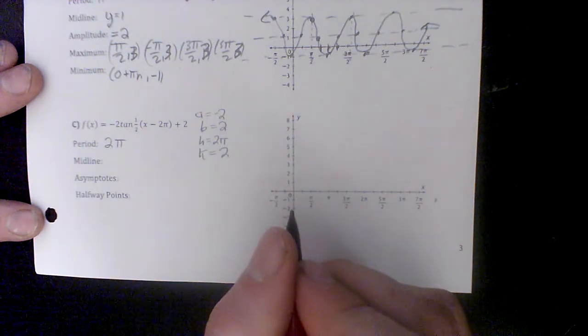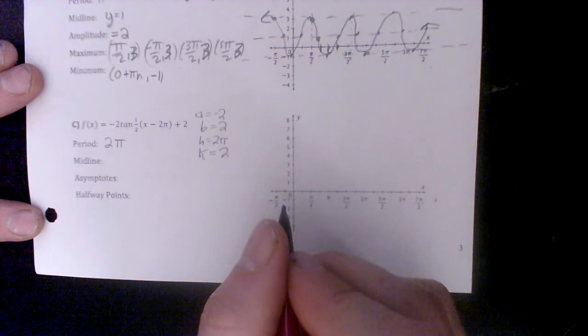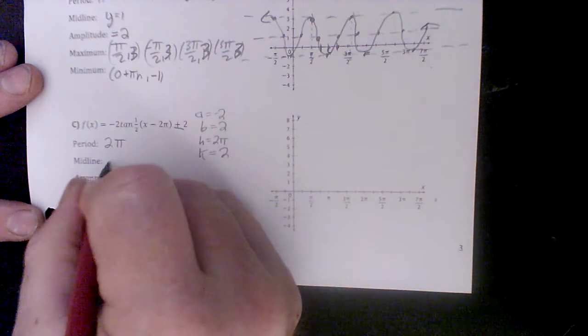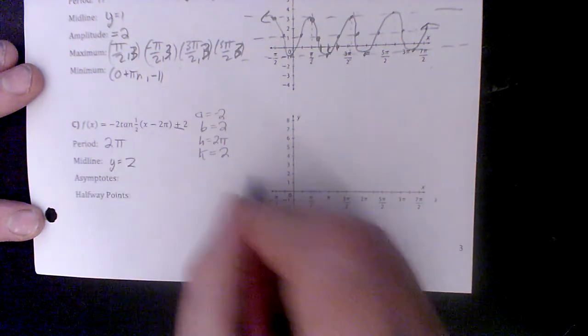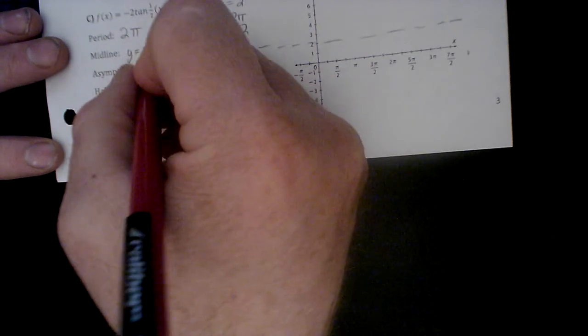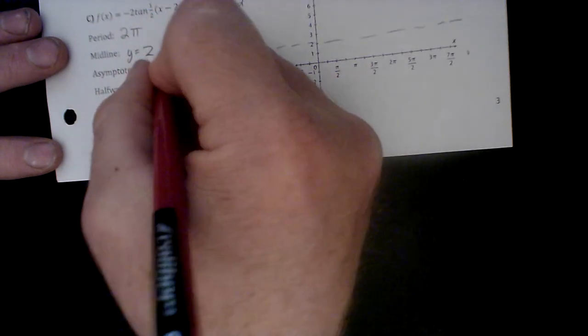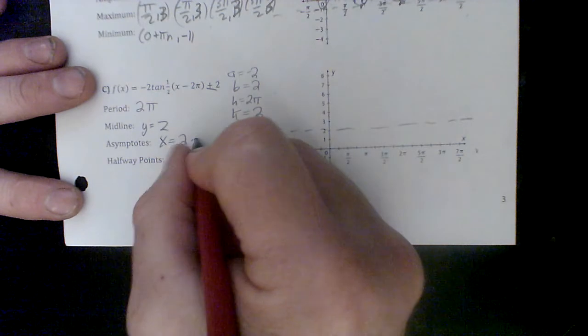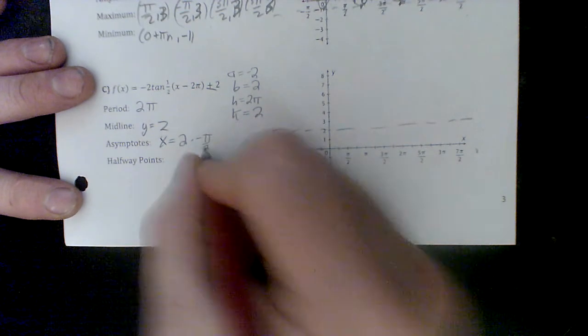All right. My midline, well, let's do midline. It's still going to be this thing. It's y equals 2, so everything's going to occur around that. Let's just go ahead and get some points. My asymptotes, they used to be this. So it's going to be x equals B, that's 2, times my original one, which was negative pi halves.